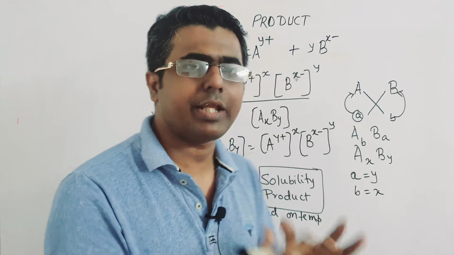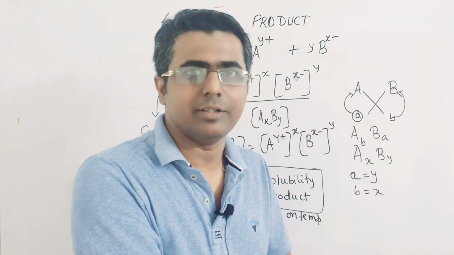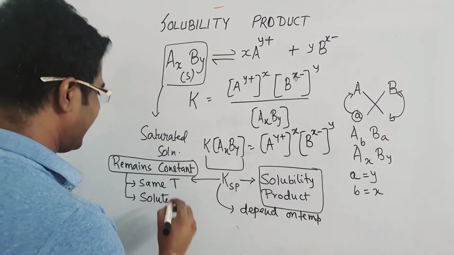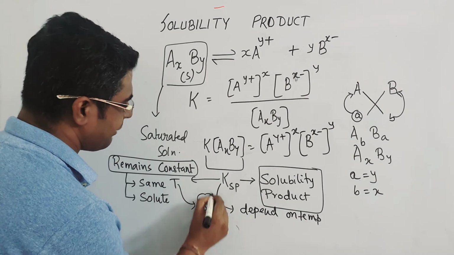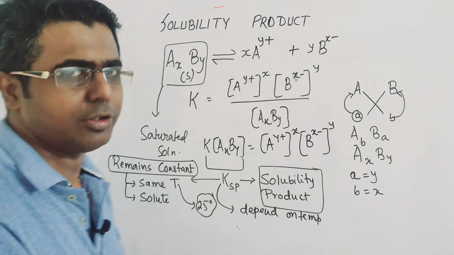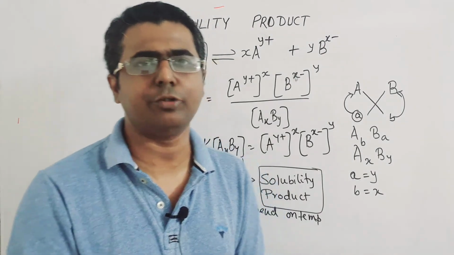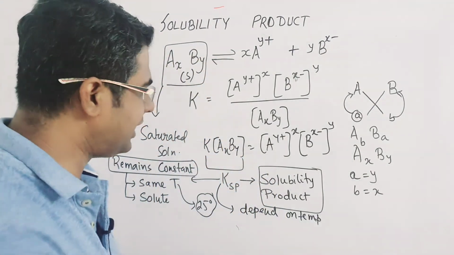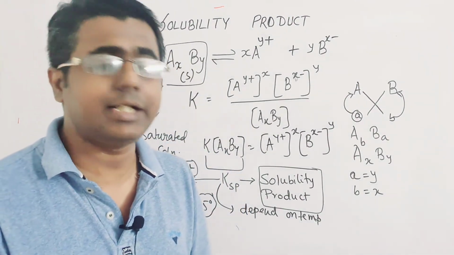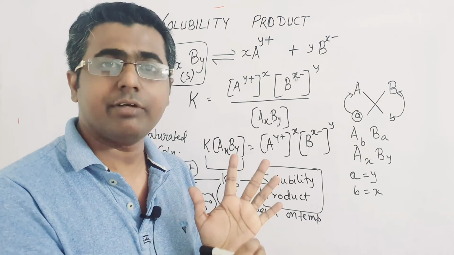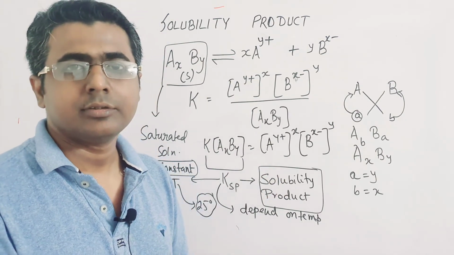Solubility product for AgCl is given in the table. Definitely at some certain temperature, in the table it is given at 25 degrees Celsius. So by now you know that 25 degrees Celsius is called the standard one, that is taken by everyone, 298 Kelvin. So it is already listed in the table and it is not going to change because solubility of a solute at a given temperature is constant, right?